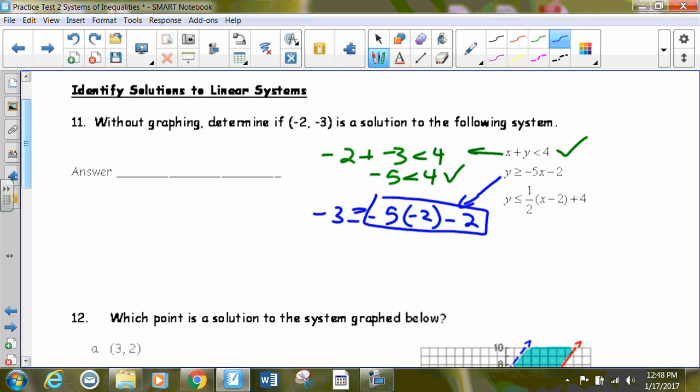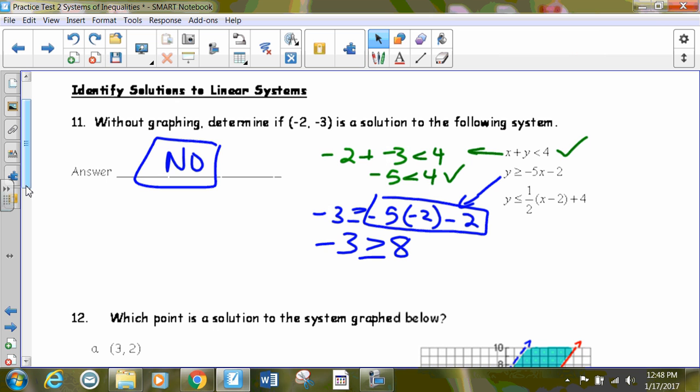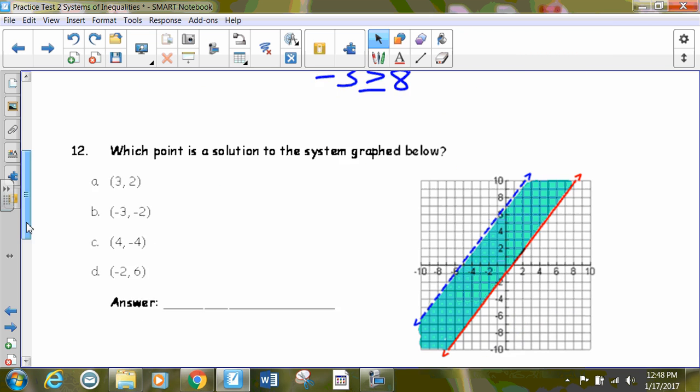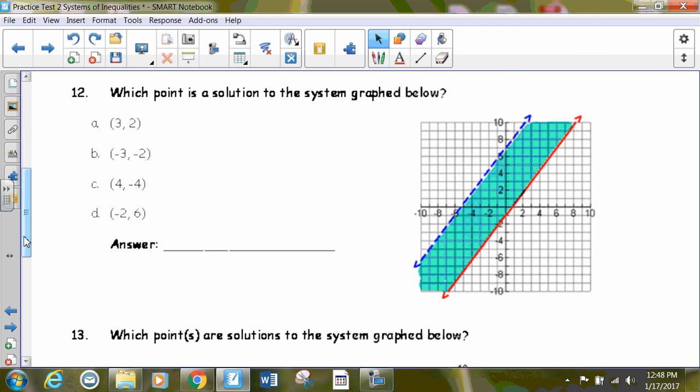And when we do that, we're going to get what? An 8. Nope, let's see, -5 times -2 is 10. 10 minus 2 is definitely 8. Is that true? Is -3 greater than or equal to 8? No. So no, it is not a solution to that system.